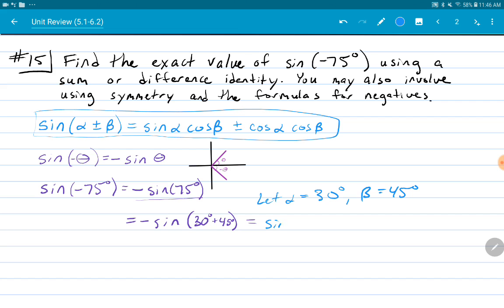Then I get sine of 30 degrees times cosine of 45 degrees. It's a plus sign. With the sine function, I alternate trig functions and keep the same sign. So I have cosine of 30 degrees and sine of 45 degrees. And I have a negative out in front of all of this, so I need to remember that.